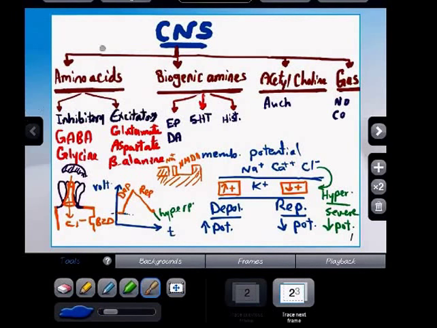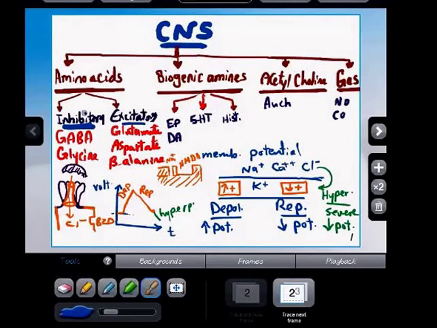We can classify the neurotransmitters in the brain into the amino acid neurotransmitters, the biogenic amines, acetylcholine, and the gases. Some of the amino acid neurotransmitters are inhibitory and some others are excitatory.